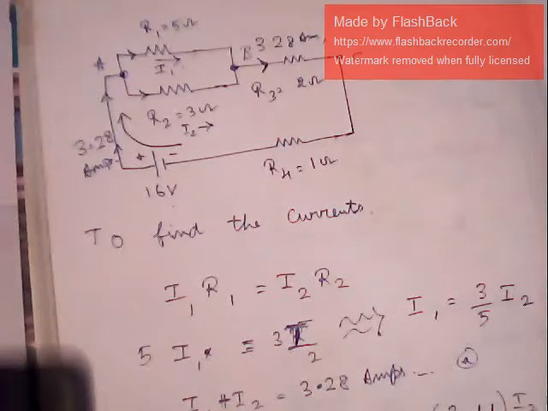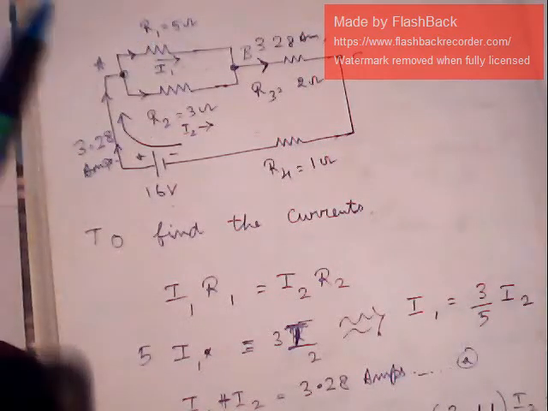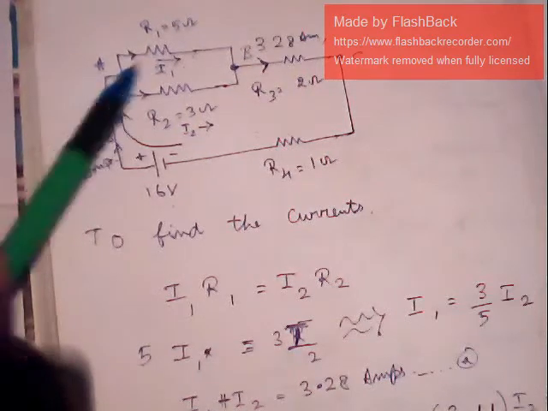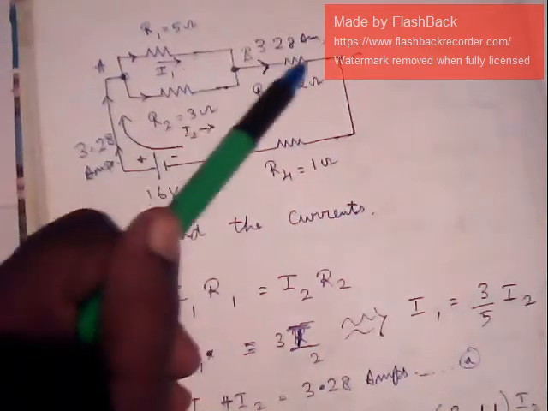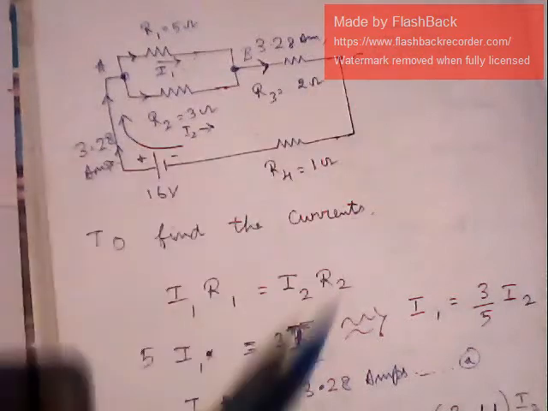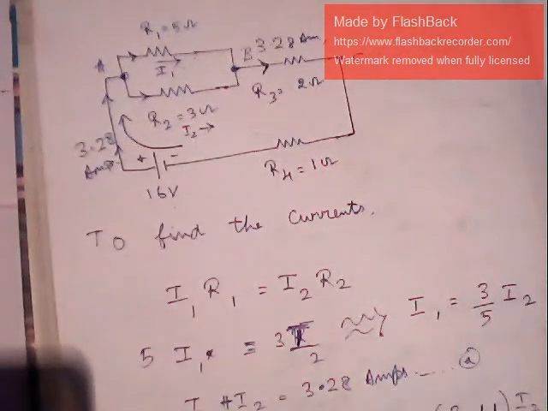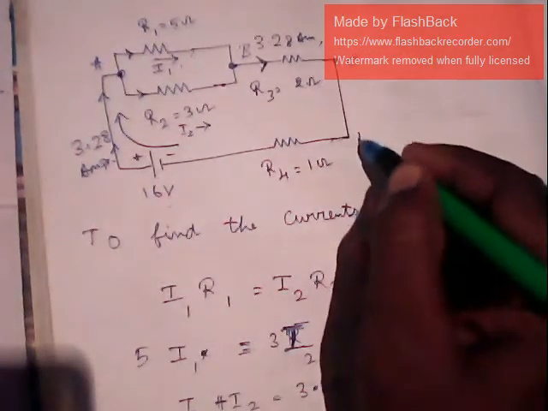For this, I am naming these nodes. This node I call A, this one B, here I am giving the name C, and you can also name this point D.